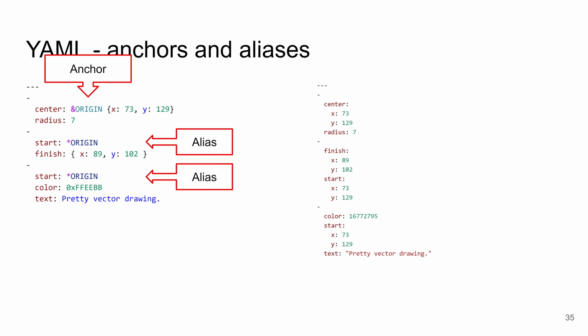You can see that the star keys have values which are the same map as the center key at the top of the document. So this is another YAML feature, anchors and aliases.